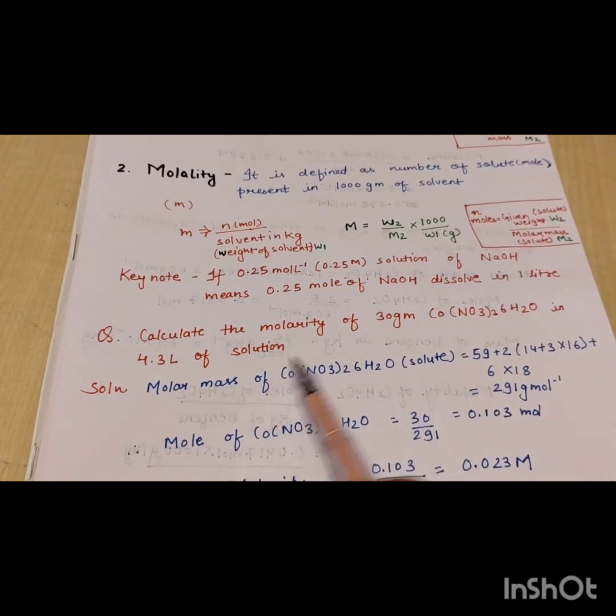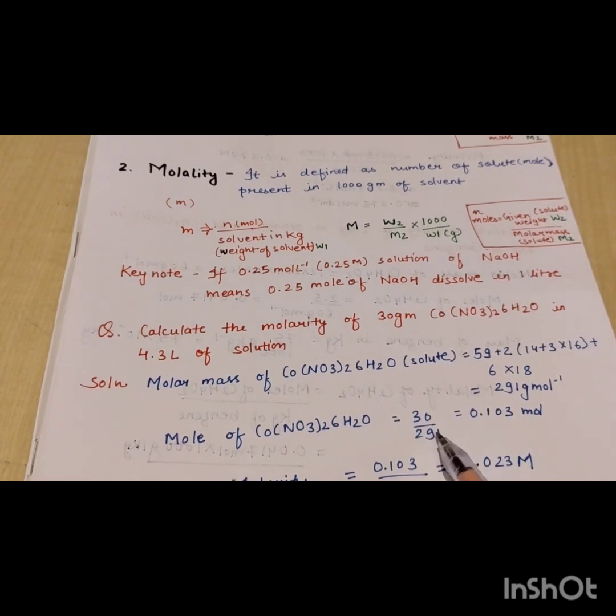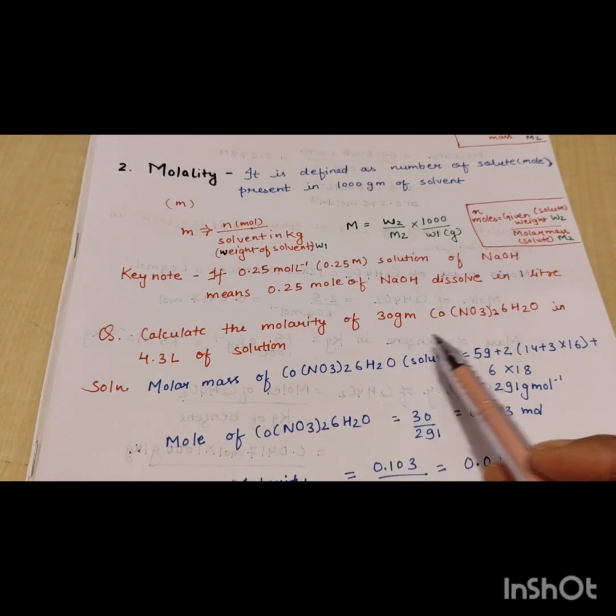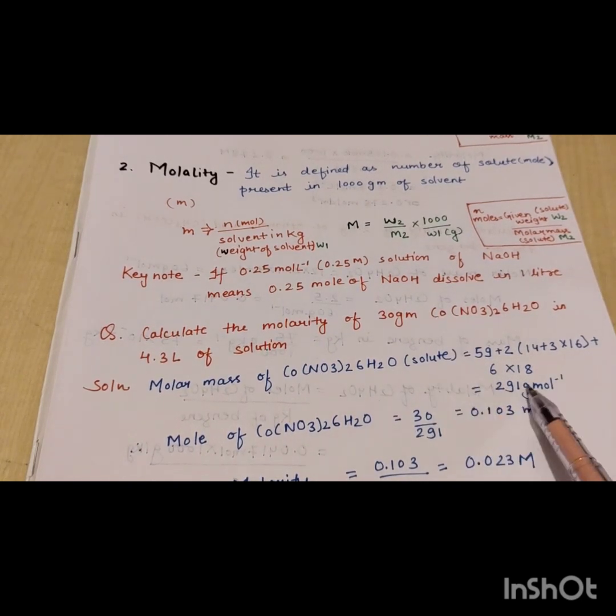Again, the number of moles of Cu(NO3)2.6H2O is the given weight upon molar mass of solute. The given weight is 30 gram, and the molar mass is 291 gram.